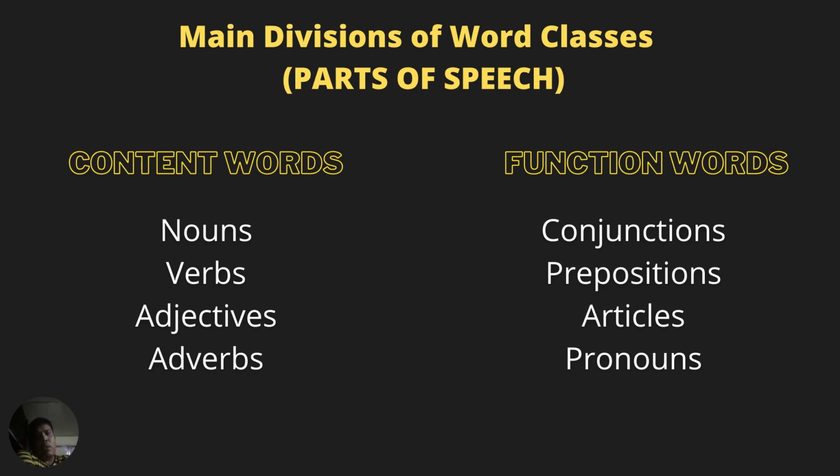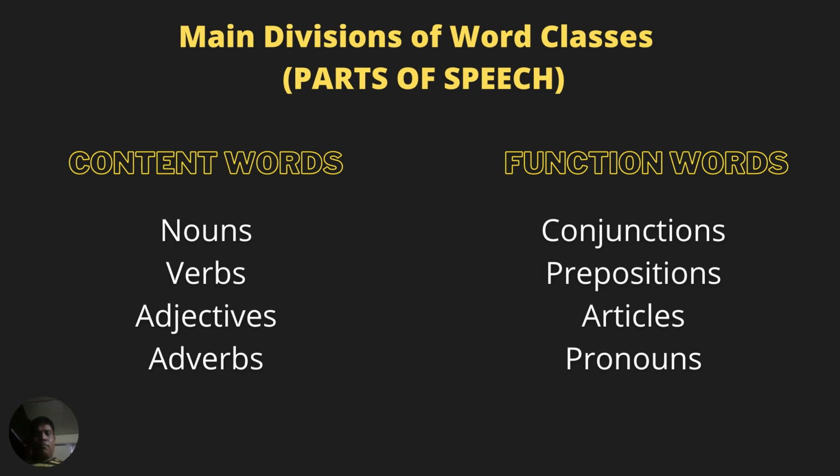There are two kinds of divisions of words. Those are content words, which comprise nouns, verbs, adjectives, and adverbs. Meanwhile, function words consist of conjunctions, prepositions, articles, and pronouns.